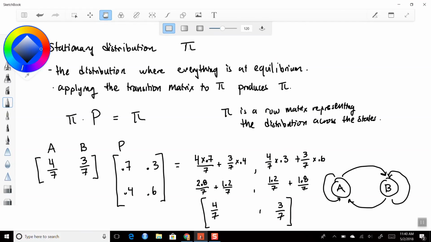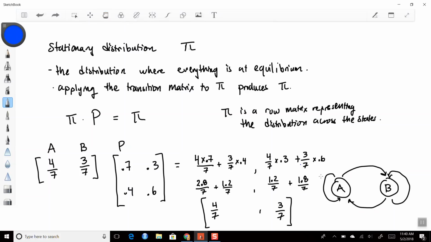Basically, with this arrow, the amount going from A to B equals the amount going from B to A.